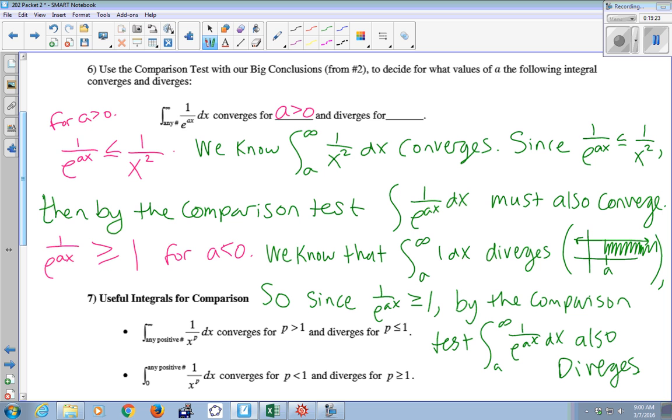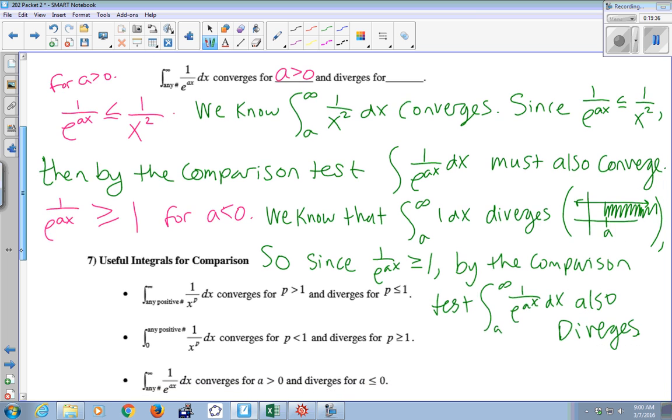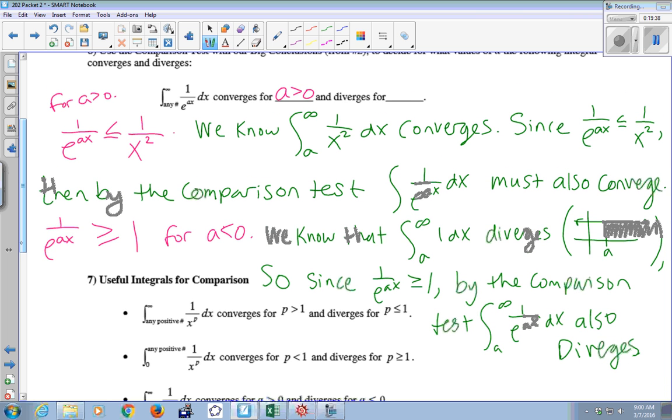It's bigger than something that diverges, so it has to also diverge. All right, so my final conclusion here, this is for A less than or equal to 0.